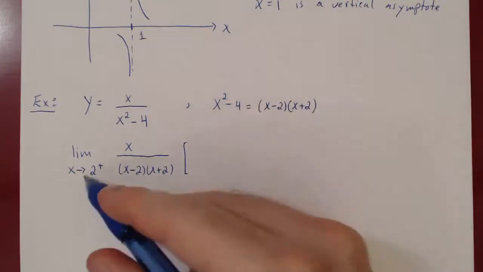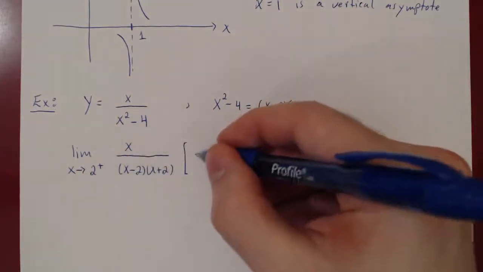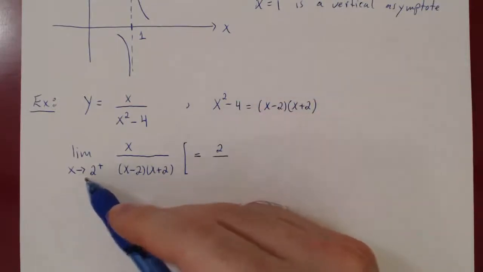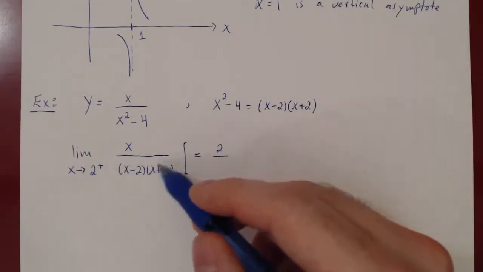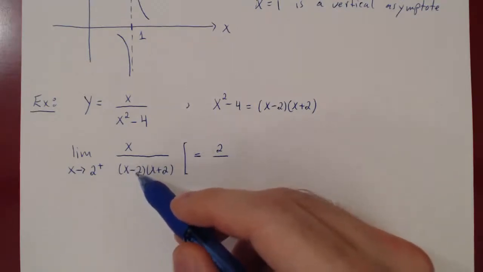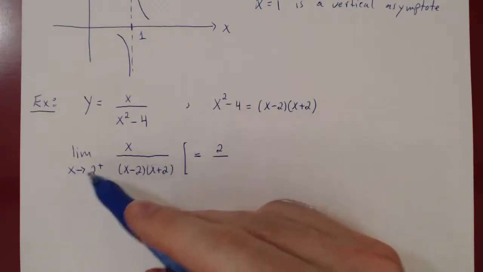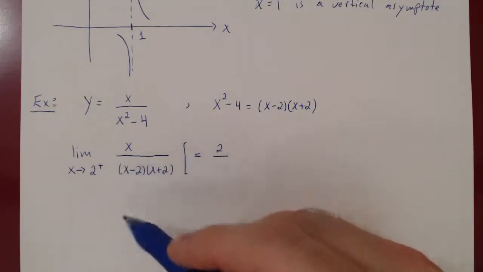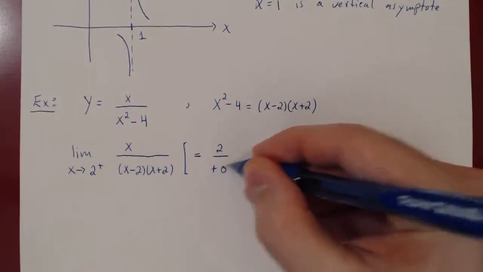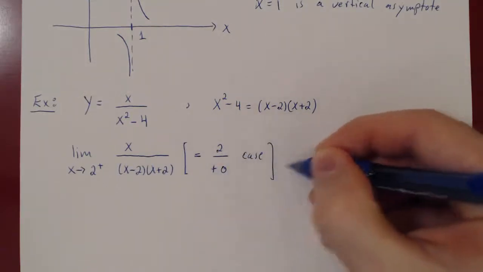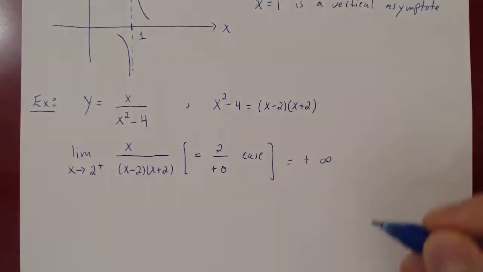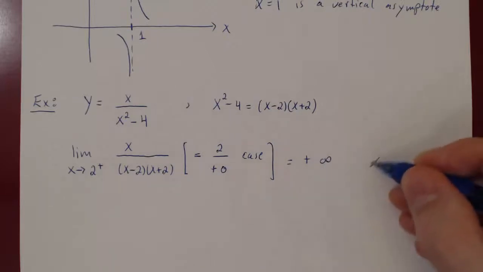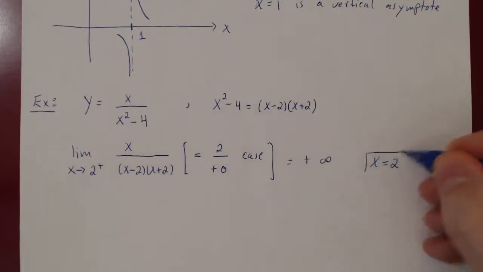We look at our case, x approaches 2, so the numerator approaches 2, over, well here, as x approaches 2, x plus 2 approaches 4. Now x minus 2 will be approaching 0, but the key is if x approaches 2 from the right, x is larger than 2, and so x minus 2 will be positive, so we will get a 2 over positive 0 case, which will give us positive infinity. So we see that as we approach 2 from the right, the function does blow up. So here, x equals 2 is a vertical asymptote.